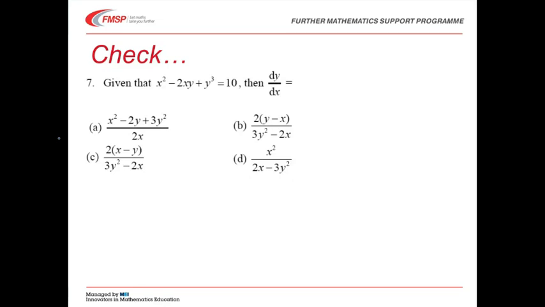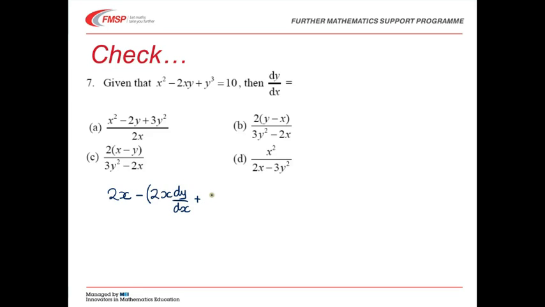Here's another one for you to try. Pause the video while you have a go at it. Okay, let's see how we've done. So differentiate x squared, we get 2x. Differentiate minus 2xy with the product rule. So I'm going to not worry about the minus, put that outside and put a bracket so I don't have to worry about that. Now I'm differentiating 2xy. Write the first and differentiate the second.